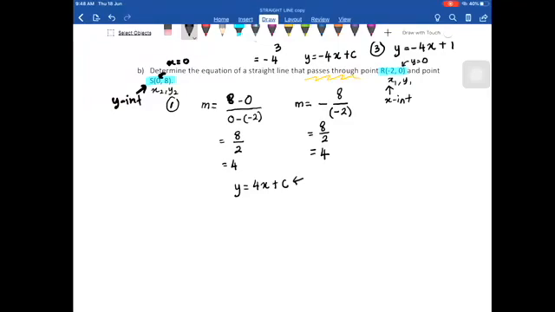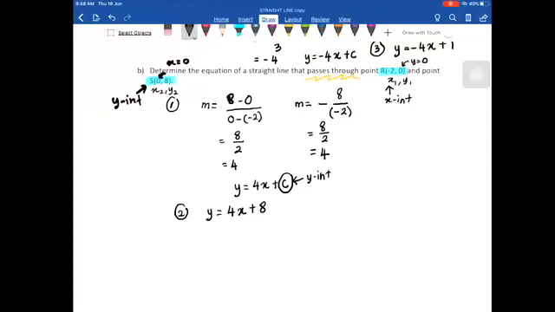Kalau ingat lagi, S. Jadi, I have my full equation y equals to 4x plus 8. Okay. Teacher tak substitute sebab dia dah ada y-intercept. Saya ambil je.